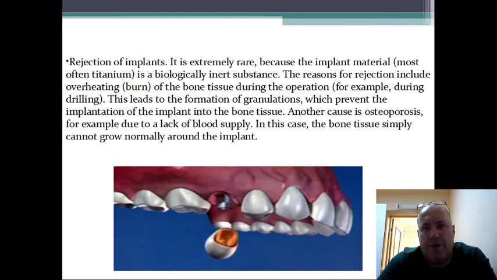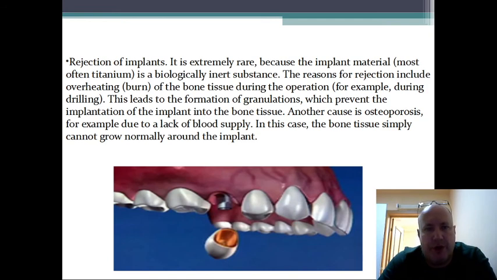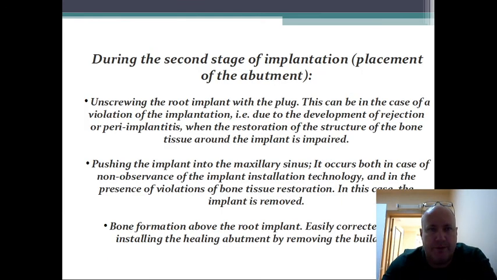This leads to the formation of granulations, which prevent the integration of the implant into the bone tissue. Another cause is osteoporosis, for example, due to a lack of blood supply. In this case, the bone tissue simply cannot grow normally around the implant.